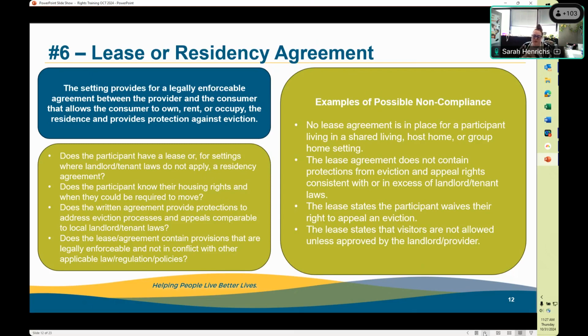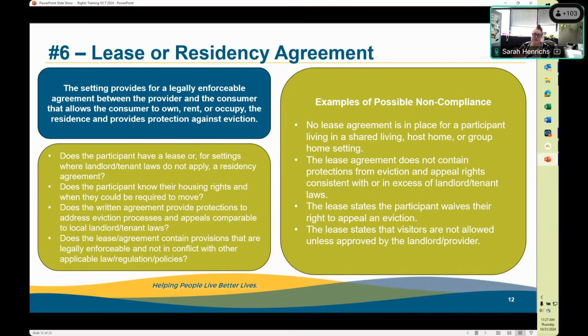And further, if any of us had a lease and we signed, I take responsibility for any damage to the leased property, and then I damage it and I move out and the landlord sends me a bill, I can pay it because I signed a lease that said I would take responsibility. Or I can say, I don't think I made those damages, I'm not going to pay it.